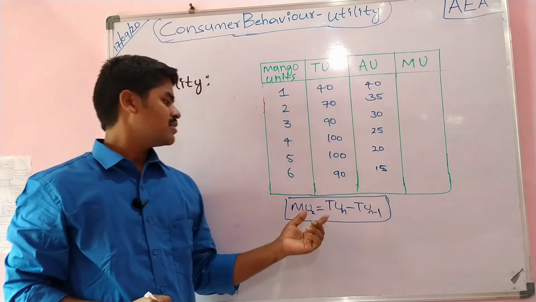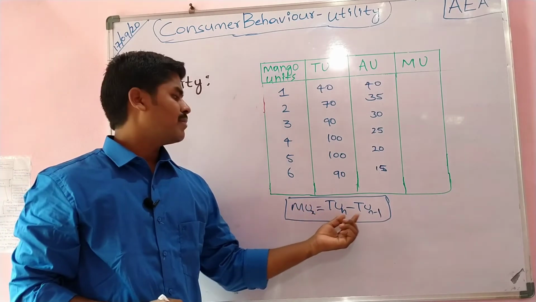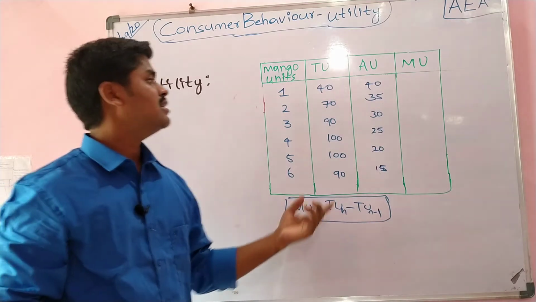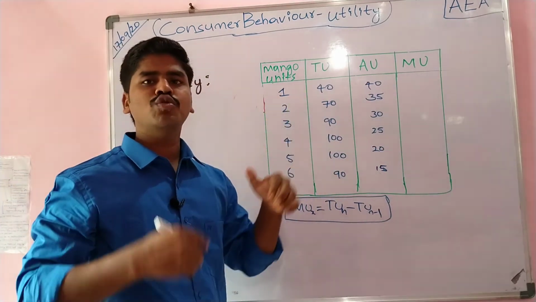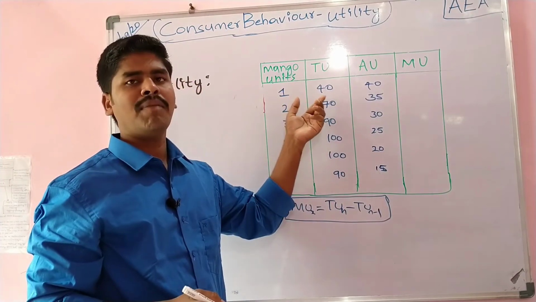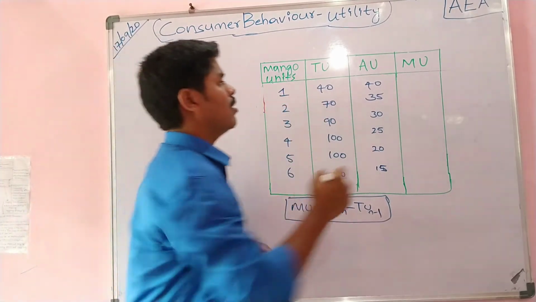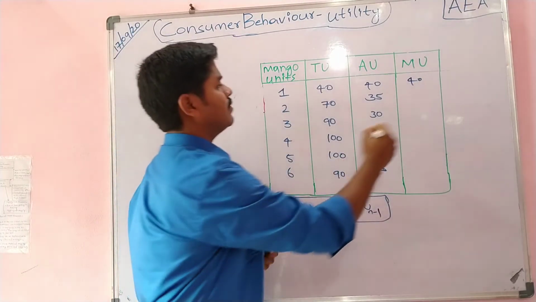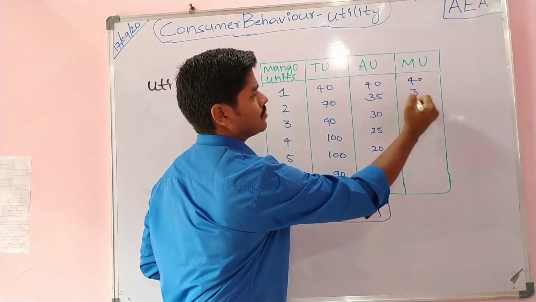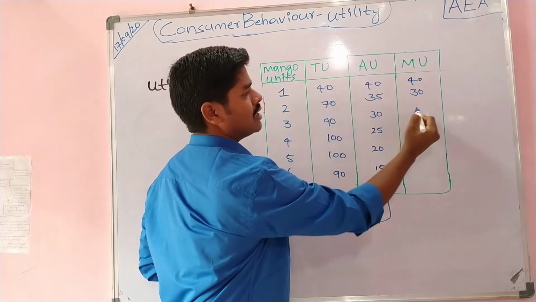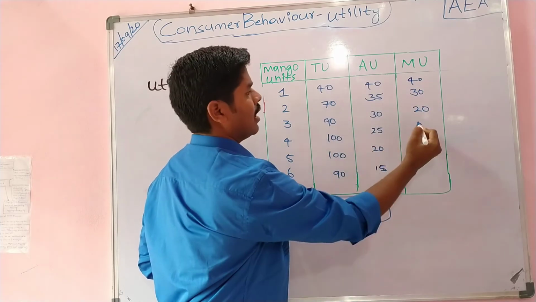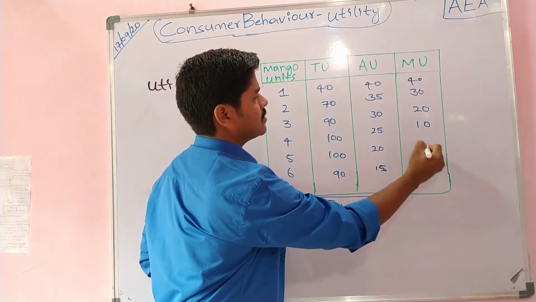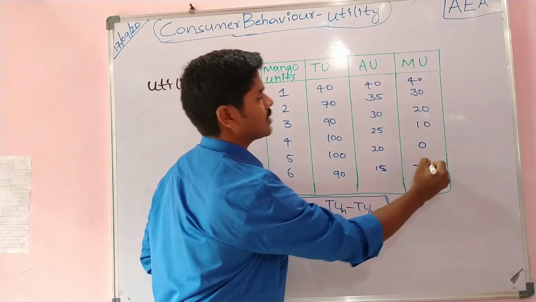Marginal utility means total utility of n minus total utility of n minus 1. See here, when the consumer consumes the first unit of the commodity, the first mango, he will get 40. And the second unit will decrease to 30, and again it will decrease to 10, and then it will be 0, and then minus 10.